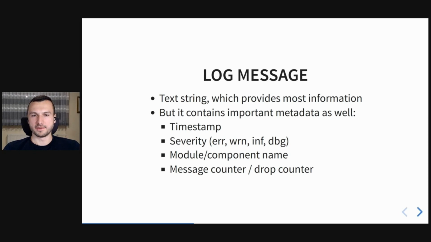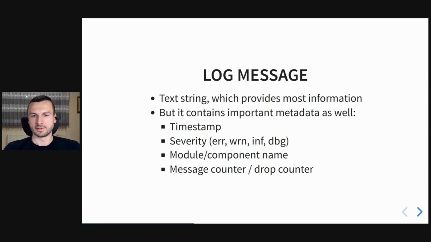Then there is the severity of the log message, which defines how important the message is. And this allows us to filter messages by severity. And there is the module name that produced this log message. So we might be just interested in networking stack messages or the Bluetooth or the application. And then there is the message counter or drop counter.